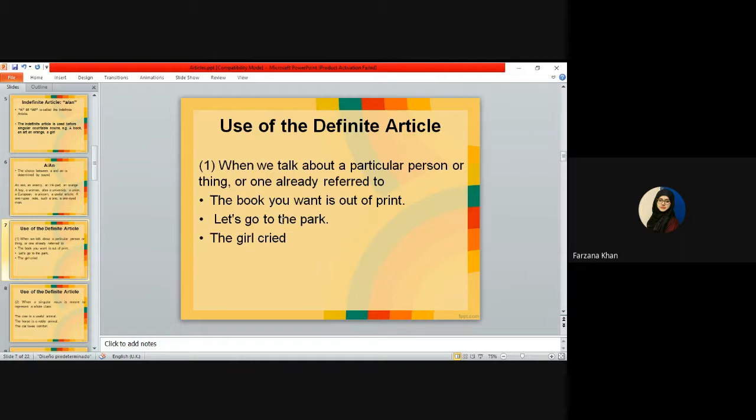In another example, here you can see, let's go to the park. When you use this statement, it means the park is already referred to in your conversation. It means the park is already defined. Both of you are very clear about which park you are going to. For instance, you are sitting at your friend's place and your friend says to you, let's go to the park.